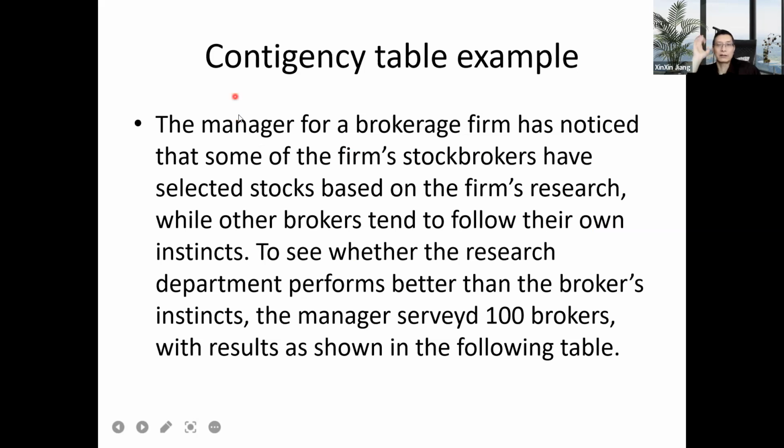We're going to look at the contingency table to illustrate, to treat it as an example. The manager for a brokerage firm has noticed that some of the firm's stockbrokers have selected stocks based on the firm's research, while the other brokers tend to follow their own instincts.